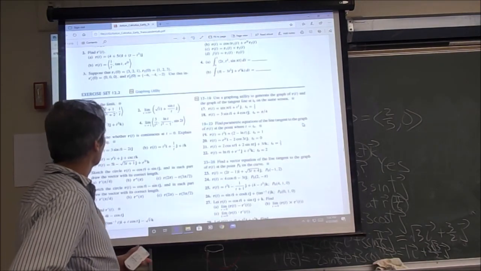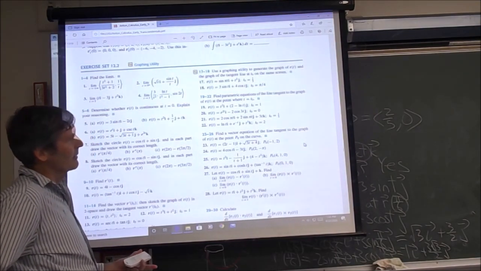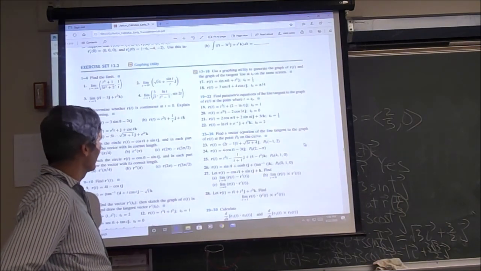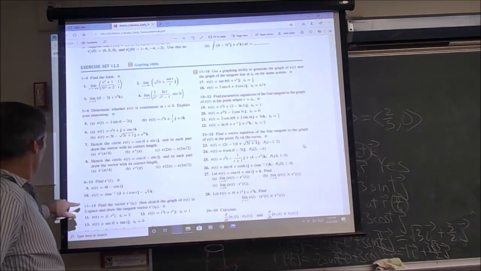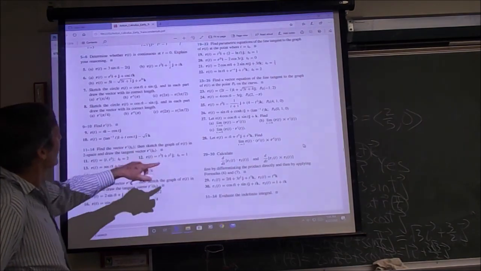The length of the velocity vector is the velocity of the object, or better, sometimes called the speed. All right. So that's what we were just doing here.